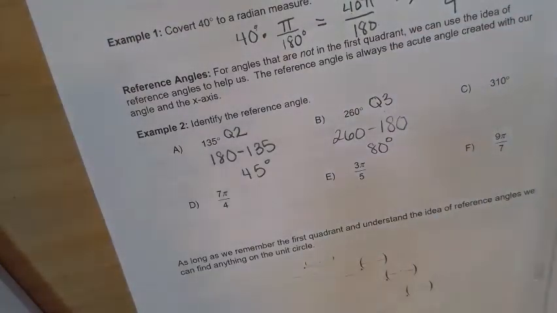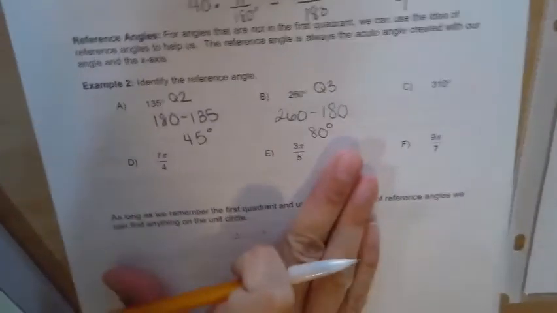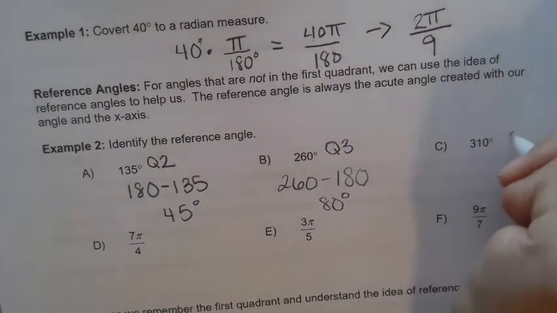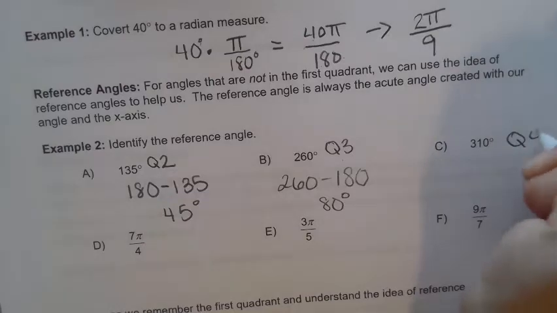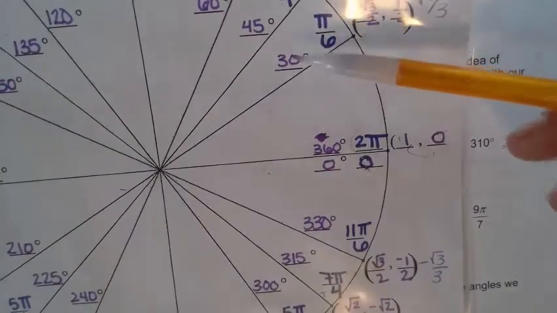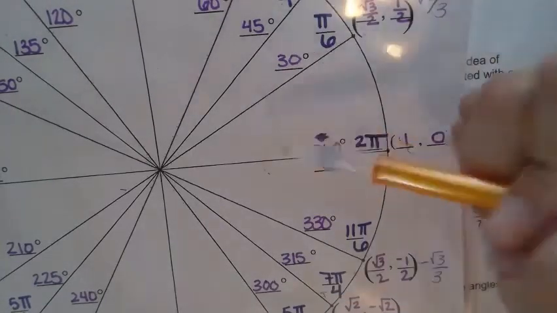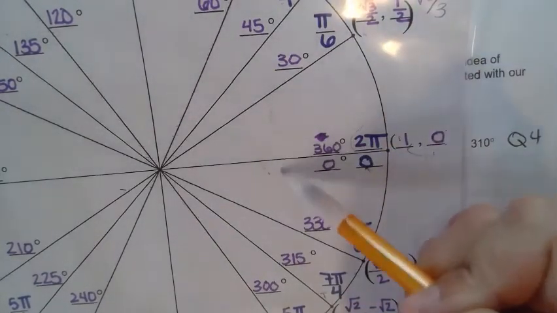Okay. Next one, 310. That's talking about our fourth quadrant. So let's see what we would do for our fourth quadrant. Again, 310's not on there, so let's take something that we know. So remember that first quadrant and fourth quadrant is a reflection down. So this angle should equal this angle.